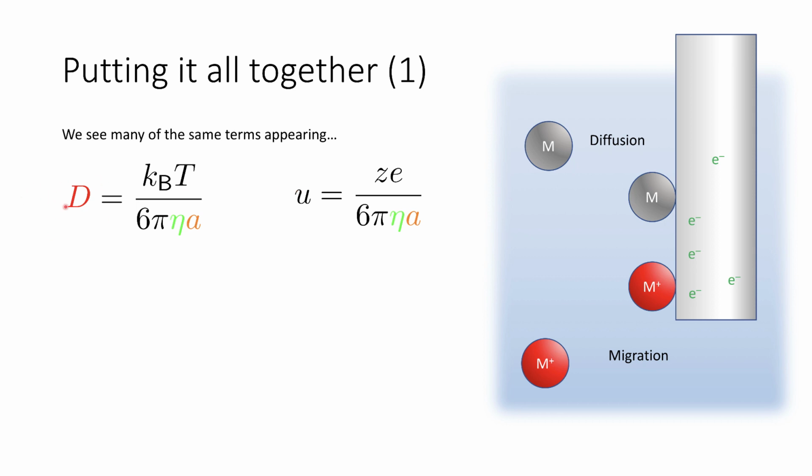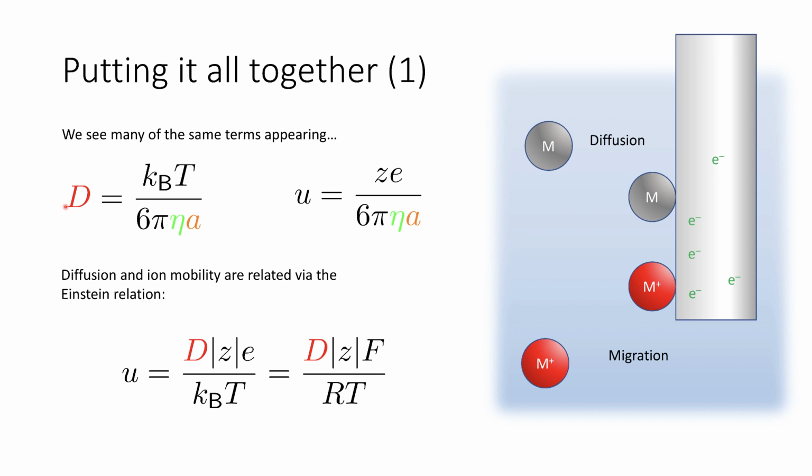So this allows us to relate them via the Einstein relation. So for a given molecule, we can relate our diffusion coefficient to the charges. But if we want to look at it in terms of molar terms, we can relate it to our molar thermal energy and the Faraday constant. Okay, so that gives us our ionic mobility in terms of the diffusion constant.